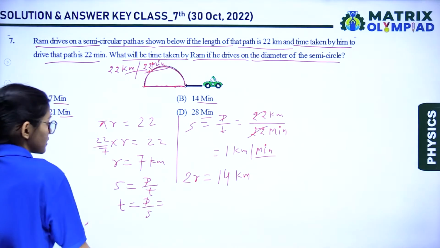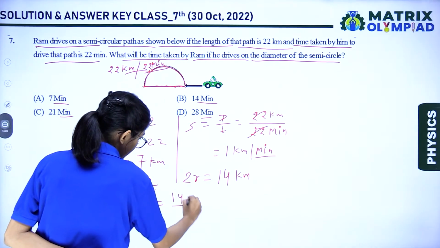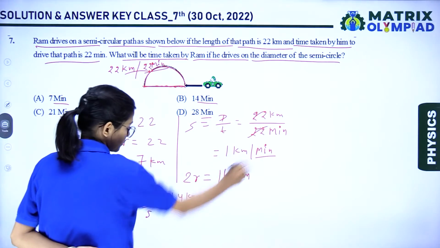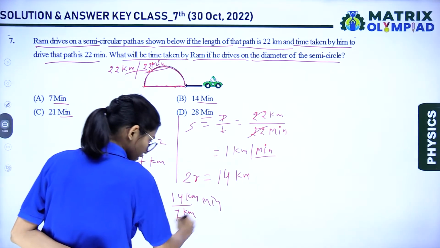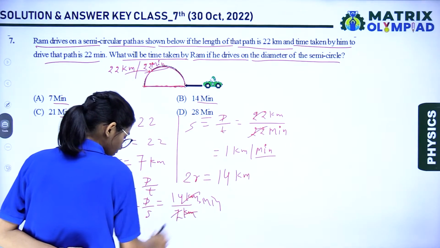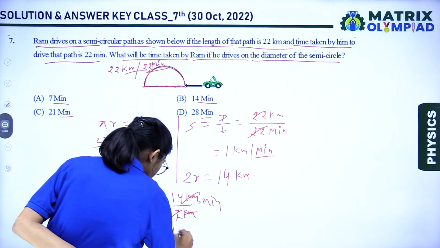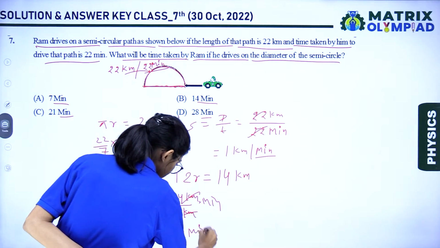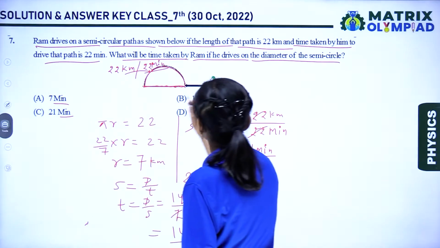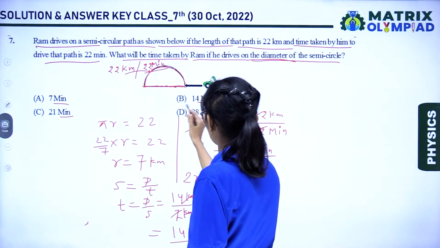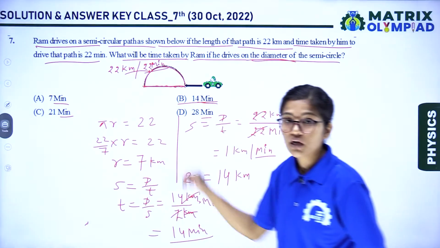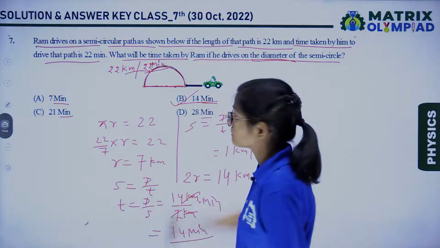Put the value for distance, that is 14, and speed of Ram, that is 1 kilometer per minute. Put the value, then the units cancel out and we get 14 minutes. So if Ram goes along the diameter of the semicircle, then he takes 14 minutes. So for this question, our answer will be option B.